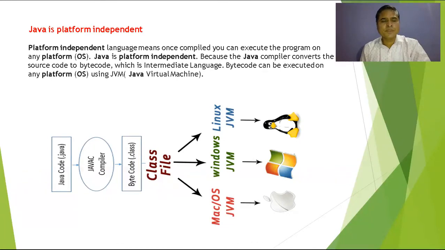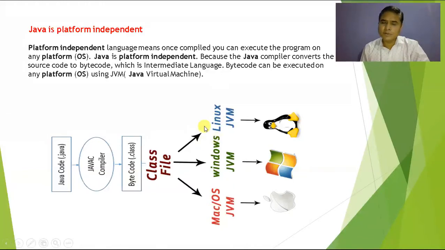Now in case of Java programming, what is happening there? Java source code, Java compiler. Java compiler compiles this source code into bytecode called class files, and these class files can be transferred to any machines having either Linux, Windows, Mac.